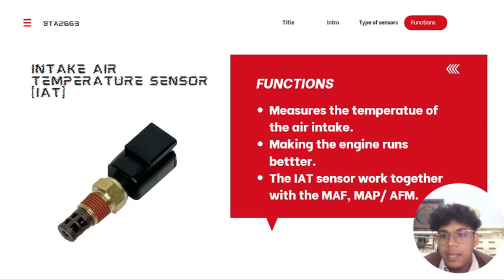Next is the intake air temperature sensor. The IAT sensor, or the intake air temperature sensor, obviously measures the temperature of the intake air. It is important to do this because air density is influenced by air temperature.